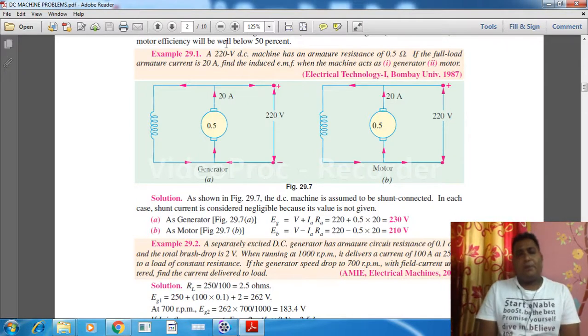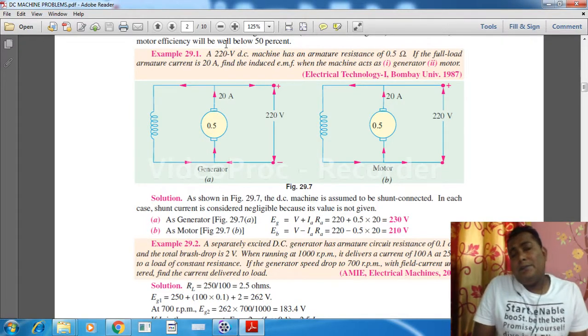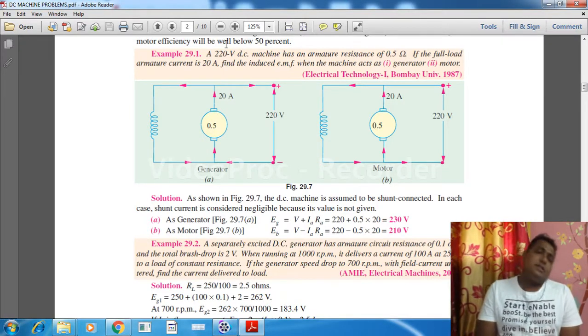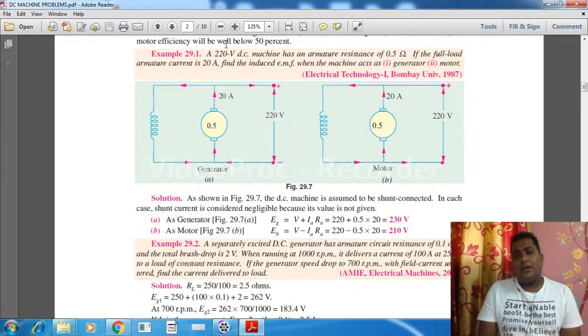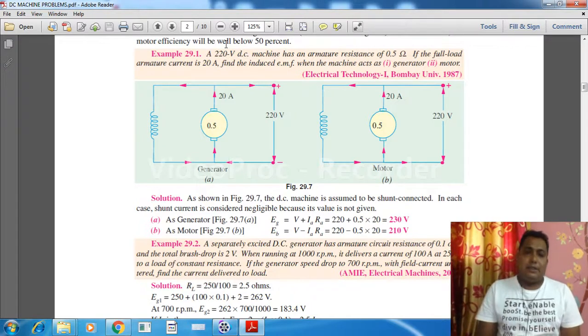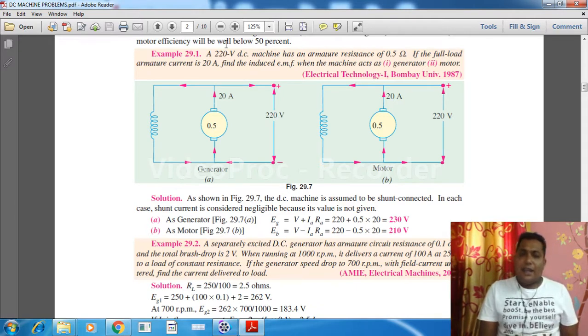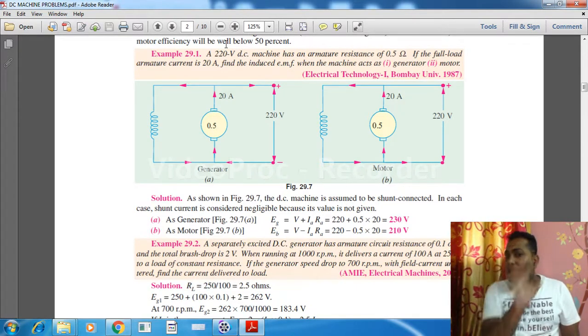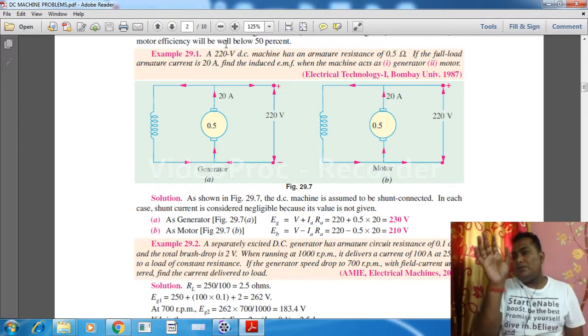Very interesting problem. To do any machine problem, first check which values are given. That is my opinion to all of the students: whenever any problem is there, first note down what values are given and try to find out which thing we have to find. Then check what you have to find out.